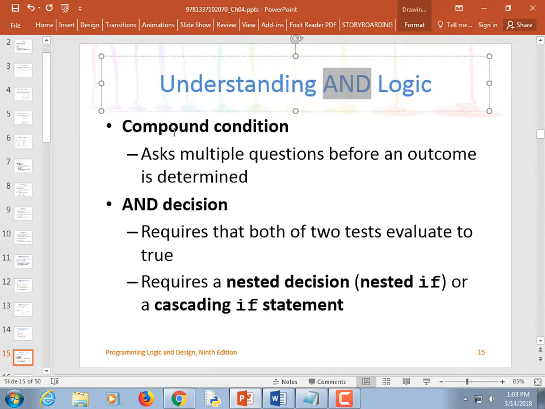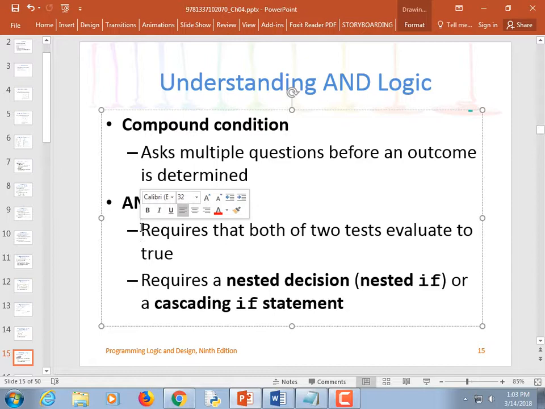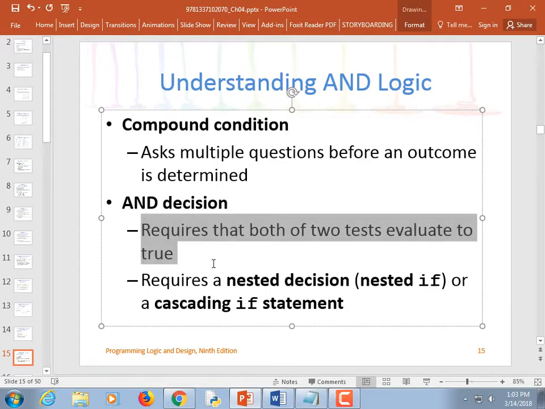So ands, known as a compound condition. Ask multiple questions before an outcome is determined. That doesn't mean a lot to me, maybe it does to you, but it's pretty easy to understand what it really means. It requires that both of the two tests evaluate to true.